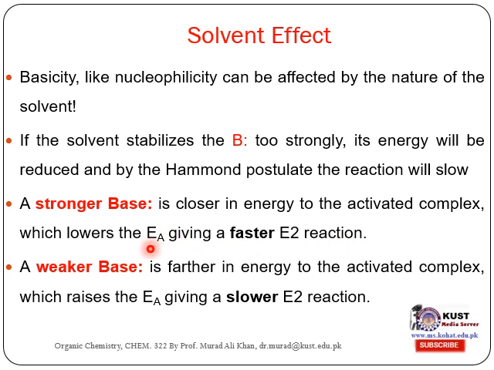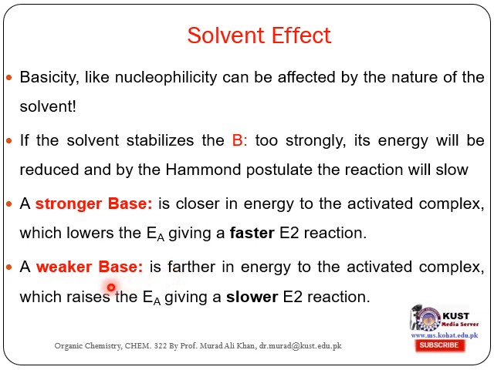What is the activation energy? As we know, activation energy is the energy that a substrate must attain before a reaction may occur. A weaker base is further in energy from the activated complex, which raises the activation energy and gives a slower E2 reaction.